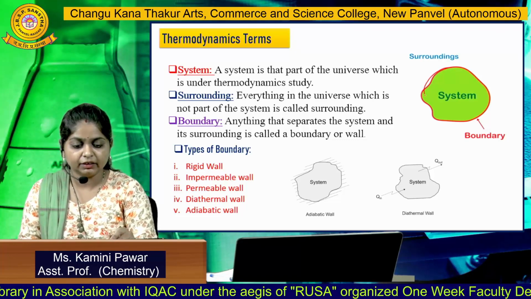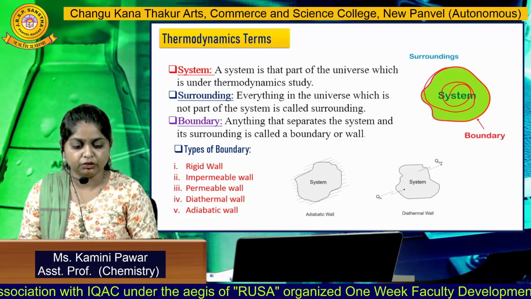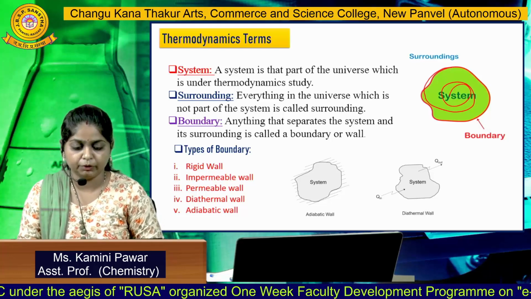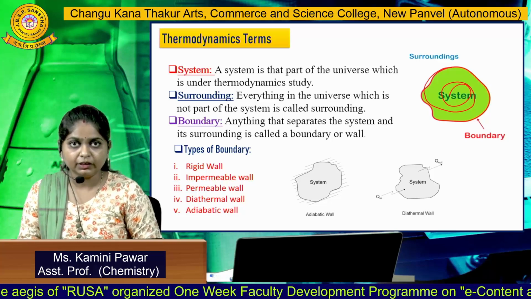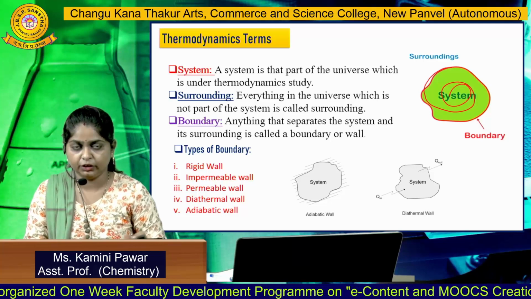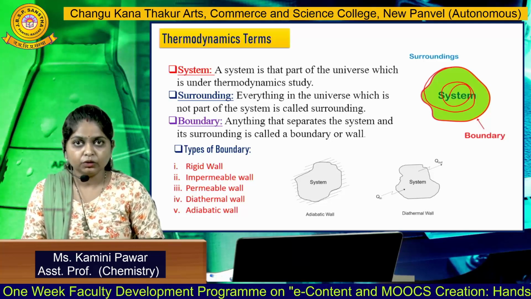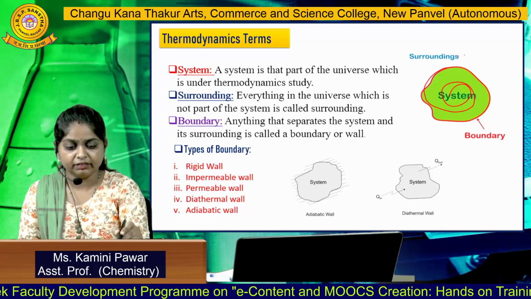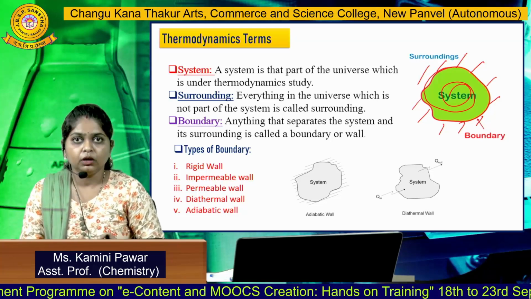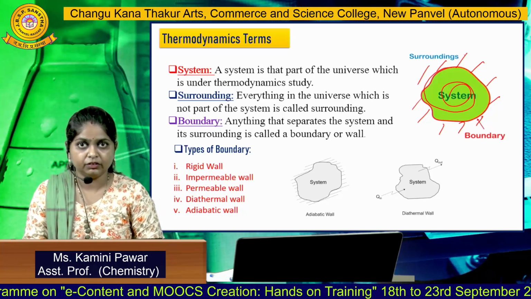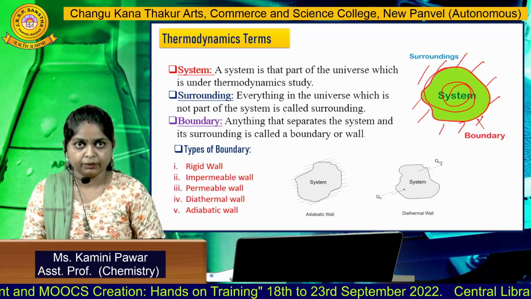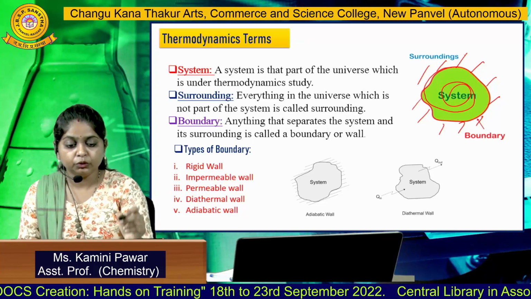You can see in the figure, the whole portion which is greenish is a thermodynamic system. A thermodynamic system is a part of the universe which is under thermodynamic study. The surrounding is this whole portion, that means everything in the universe which is not a part of the system is called the surrounding.